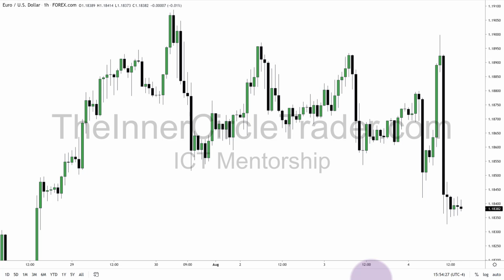On the EURUSD hourly chart, you can see how we've had a buy side liquidity pool swept and then a sell side liquidity pool attacked. With these levels in mind, we're going to drop down to a lower time frame chart.